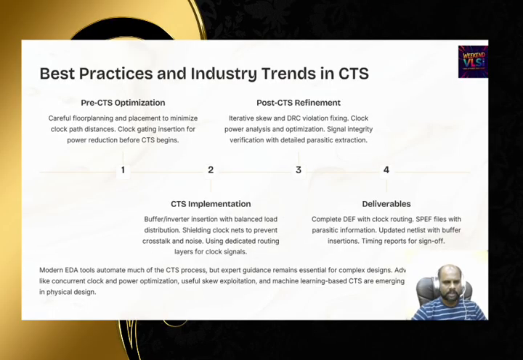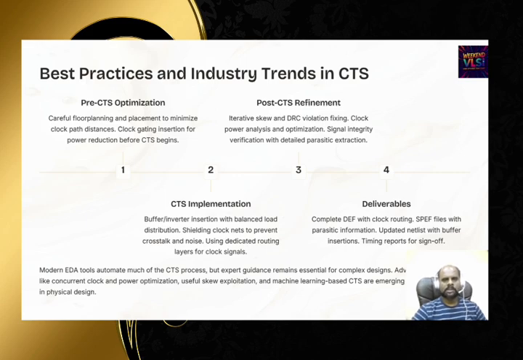Nowadays, modern CTS EDA tools have advanced features like concurrent clock and power optimization, and useful skew exploitation. You can use useful skew and close the design. Machine learning is another emerging topic in physical design.